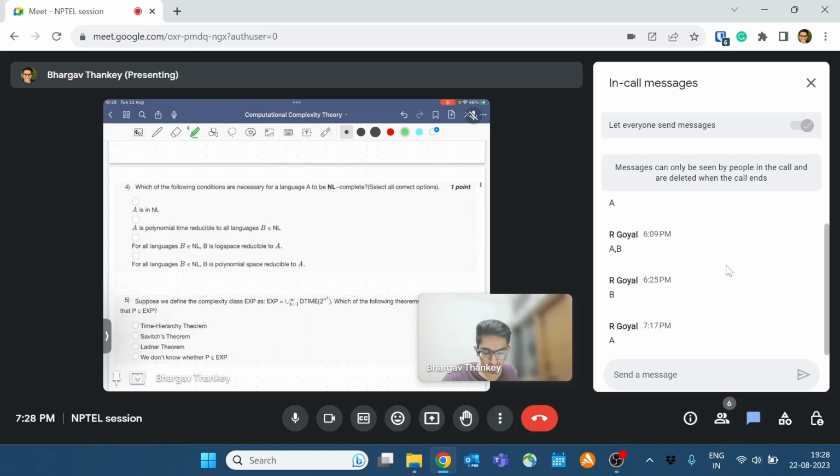A is clearly correct, and B is correct. All those problems which are in NL should be reducible to this problem.